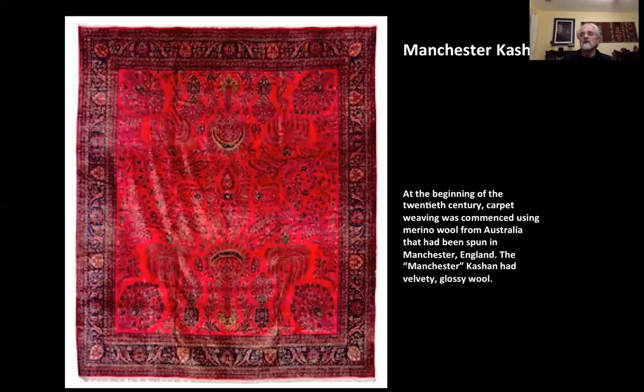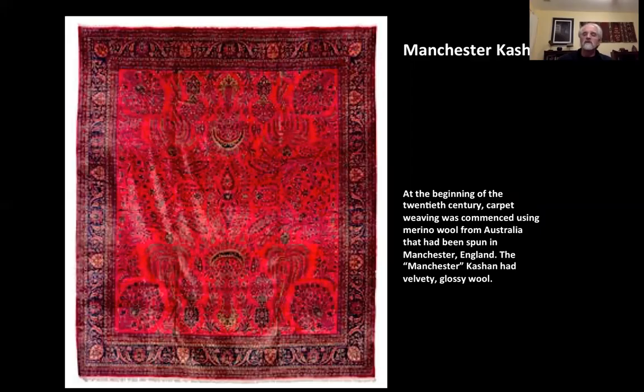And what's interesting here, and this is what Kartika alluded to, this is a classic example of a Western entrepreneur supporting and supplying the materials for the weaving which is done in Iran.